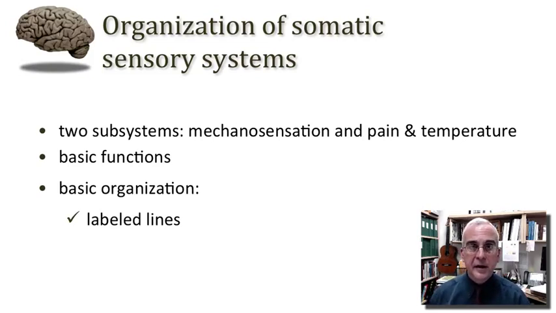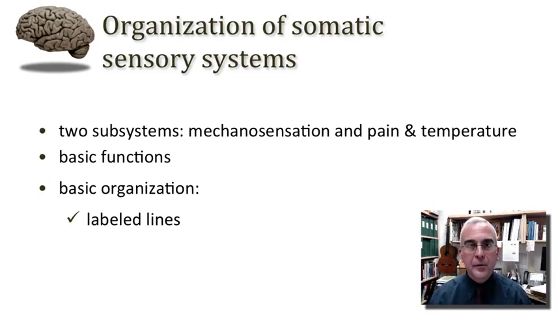I've talked about this in a different tutorial, so I won't repeat all of what I said there, but let me just remind you that the pathways for somatic sensation, as with our other sensory systems, are arranged by having a series of parallel channels that reflect specializations that begin right at the level of the receptor endings of the primary axons out there in the body, wherever they may be, in the skin surface or perhaps in deeper structures such as muscles and joints.